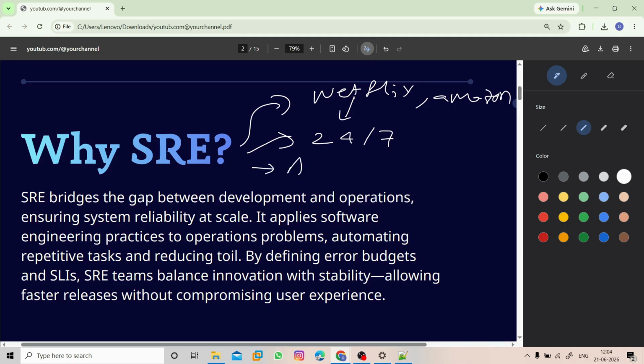Suppose Amazon is down, it will lose millions of dollars, and customers will face so much loss. That's why companies invest heavily in SRE teams.